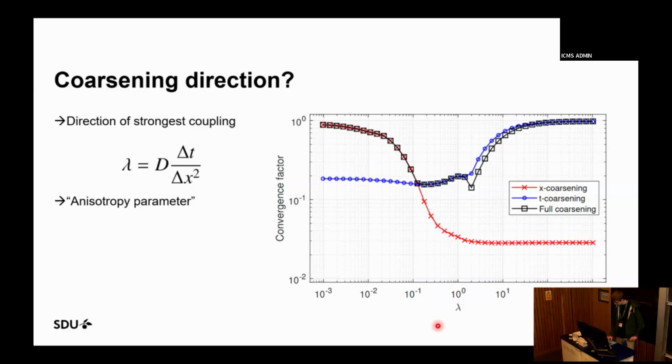So if you have large values of lambda, then it is optimal to use spatial coarsening. If you have small values of lambda, then it's optimal to use temporal coarsening. And meanwhile, full coarsening is always suboptimal, at least for these pointwise smoothers.